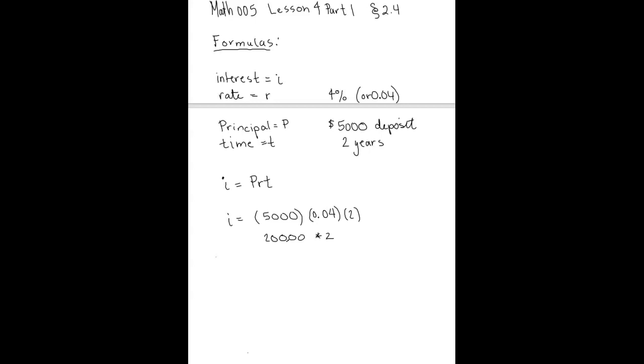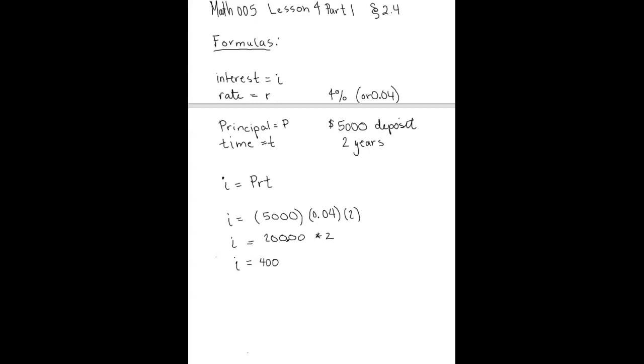So that's how I got the 4 zeros there. And then I have 2 decimal places that I have to account for. So there's my 2 decimal places, giving me 200. And then I'm going to multiply that by 2. So now I have 200 times 2. So my interest is going to be 400. All right, that's not very difficult to do.